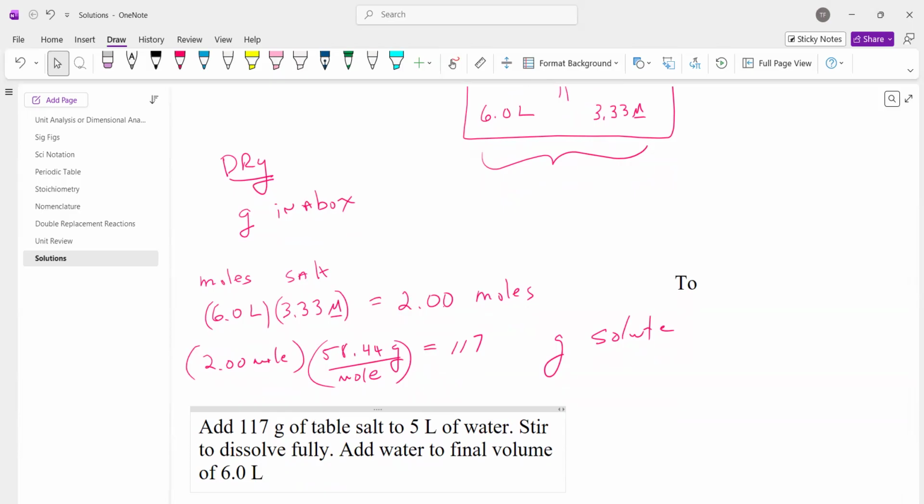Where did I get 3.33? That's the concentration of the spa water. Does that make sense? I think what you're trying to say is that 6 times 3.33 is 19.98, rounded up to 20, instead of 2. Oh, I see.